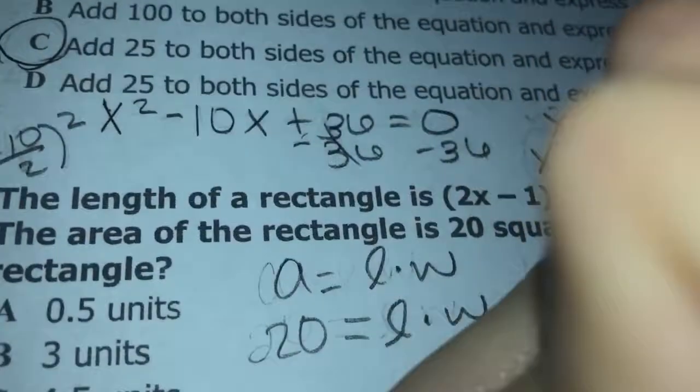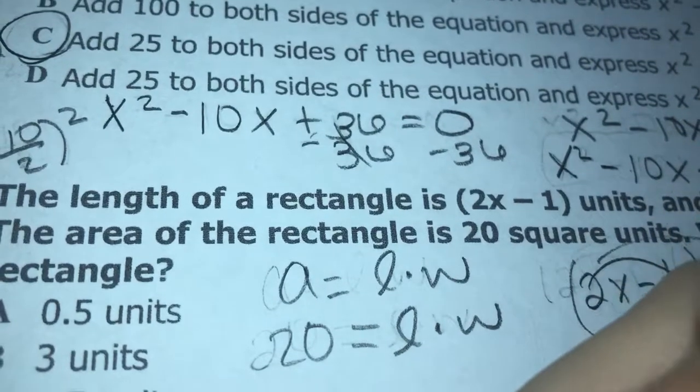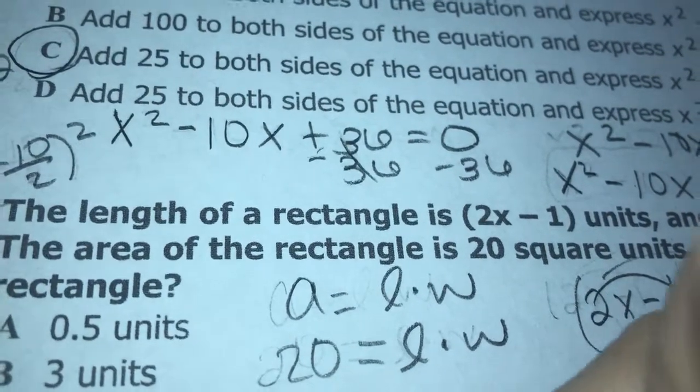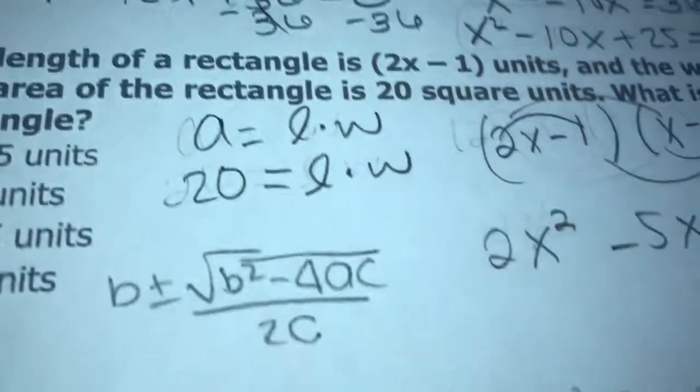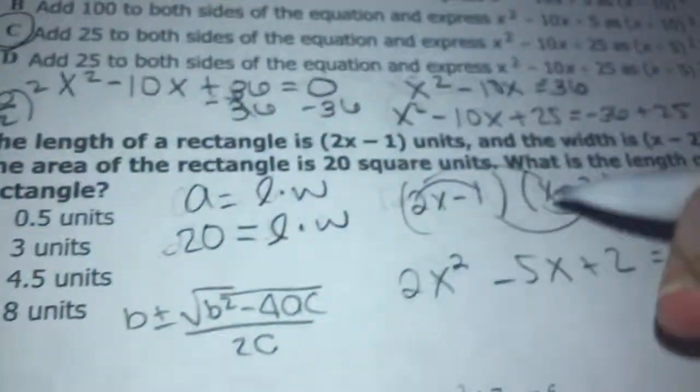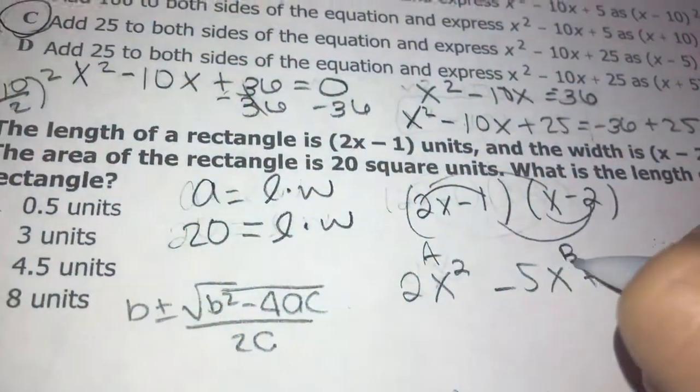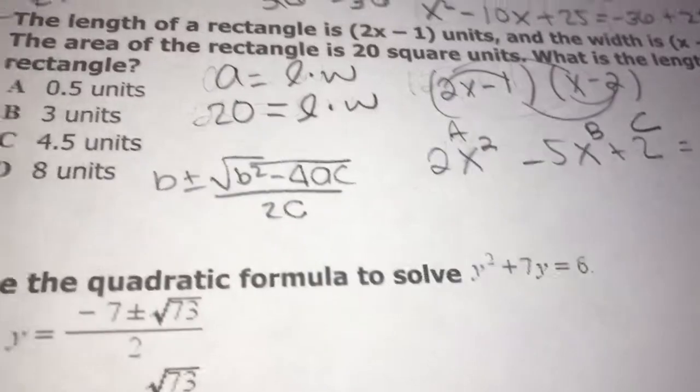So the quadratic formula is negative b plus or minus the square root of b squared minus 4ac, divided by 2a. Okay, now we're going to plug these numbers into this formula. So that's our a term, our b term, and our c term.